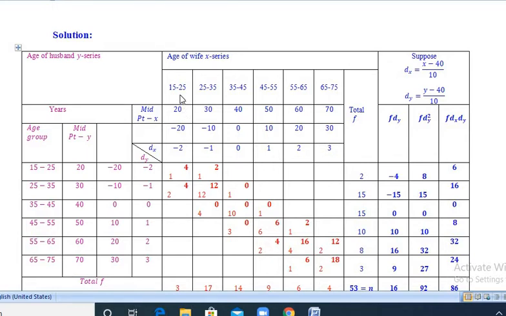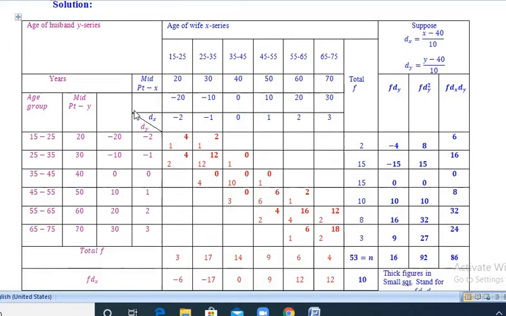That is the midpoint of the class interval 15 to 25 is 20, or mean of this class interval is 20. Similarly, midpoint of class interval 25 to 35 is 30. Similarly, midpoints of the other class intervals are 40, 50, 60, 70 respectively.